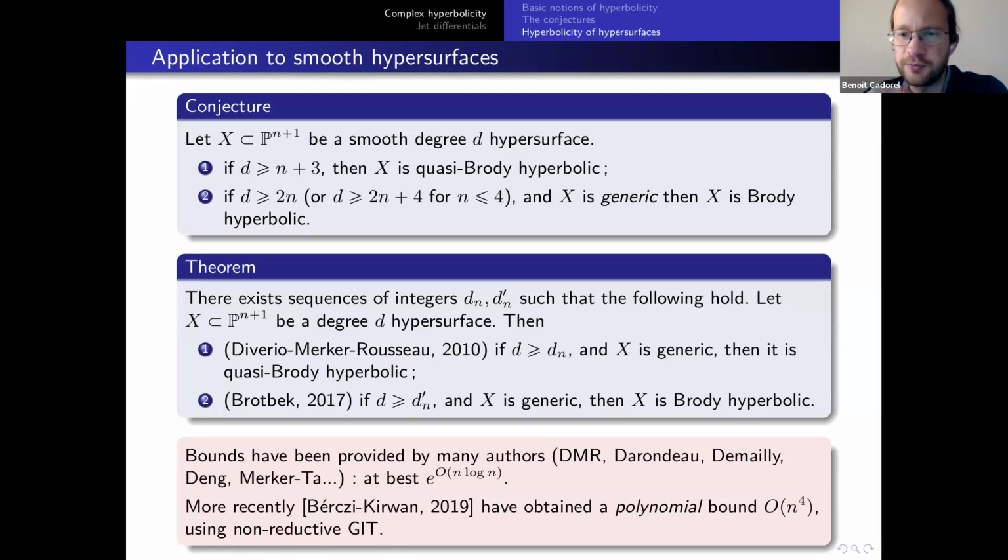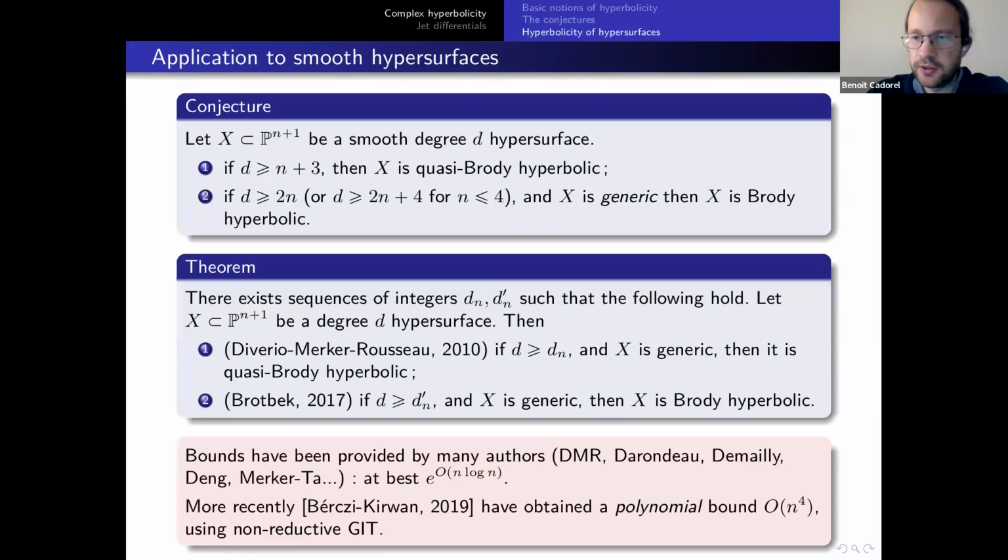And these tools I will present to you right now. So the idea is to use jet differentials. Every one of these authors used jet differentials, but with a different flavor. The last improvement by Bérczi-Kirwan was to apply non-reductive GIT techniques to these jet differentials. But here I will present what was known in jet differentials for at least 40 years.